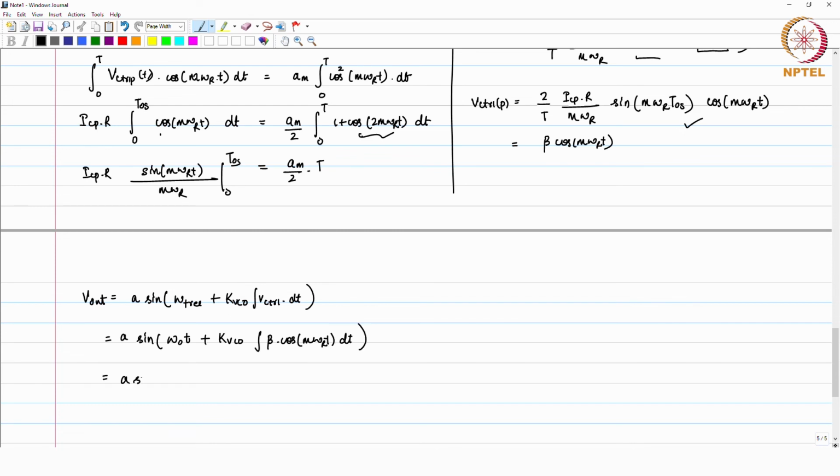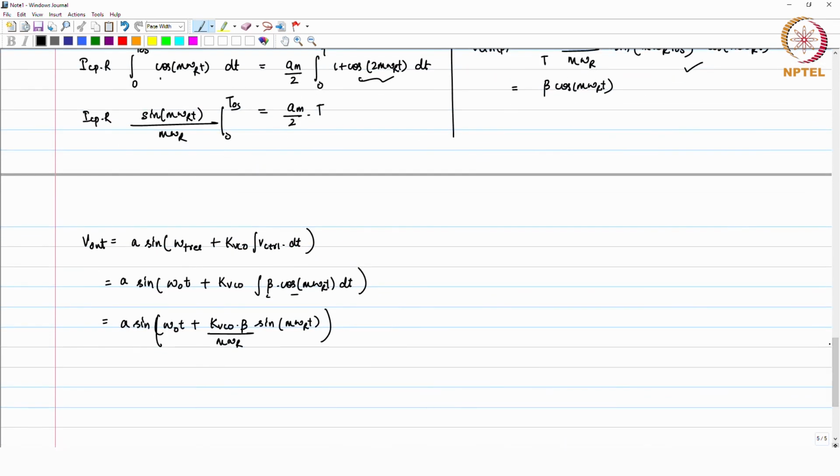This changes to sine of omega naught t plus k VCO times beta, and the integration of cosine m omega r t is going to give you sine of m omega r t divided by m omega r. So, you get this particular voltage at the output.